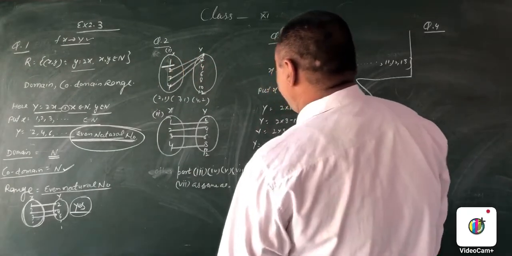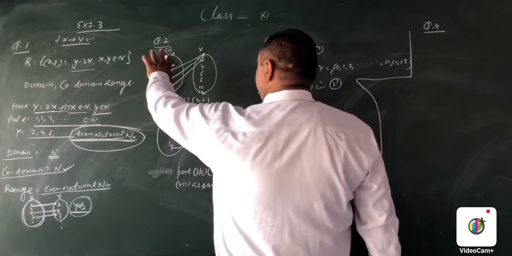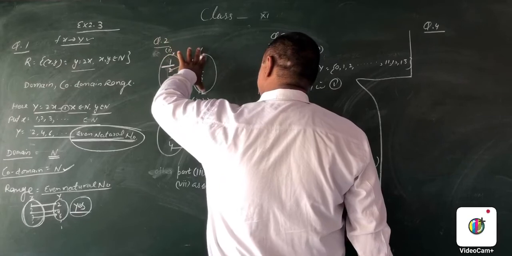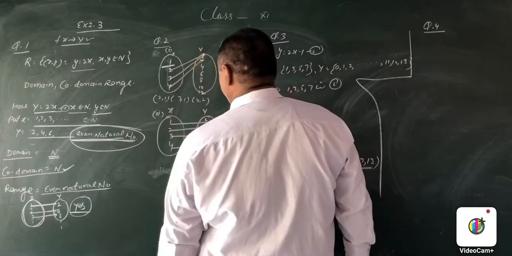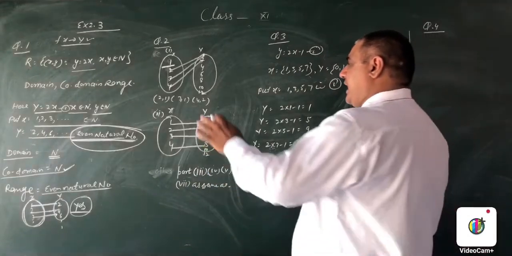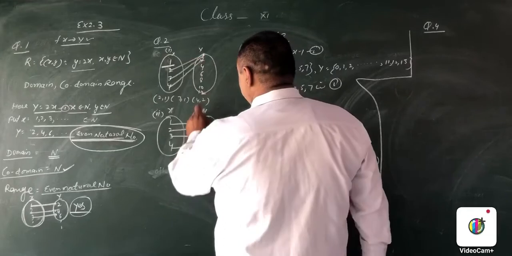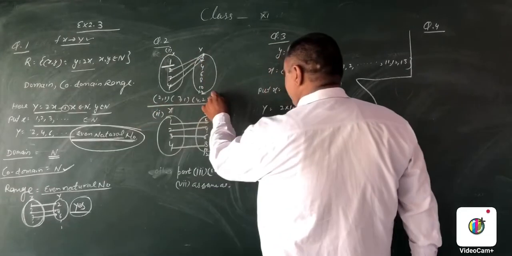In the definition of a function, we say that every element of x must have at least one image. It must be connected to at least one element; it can be connected to two as well, but here this element of x is not connected to any element, so this is not a function.